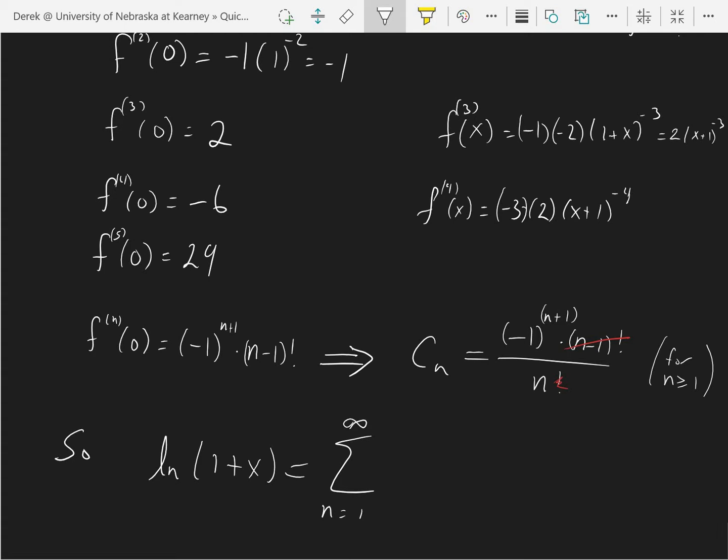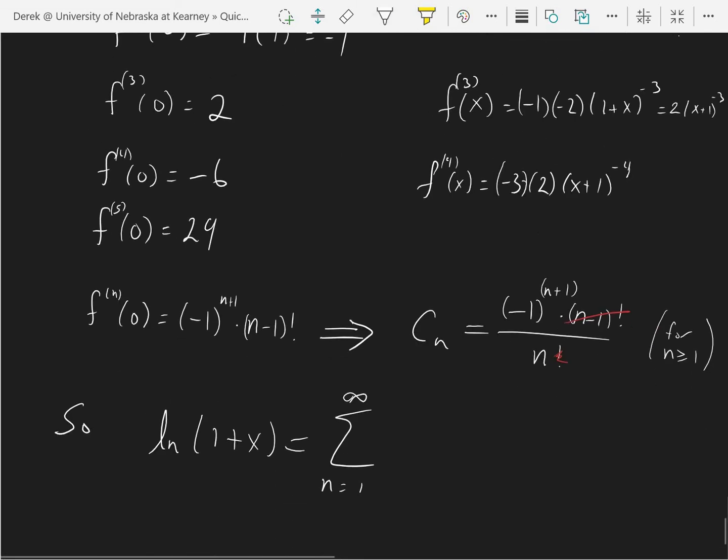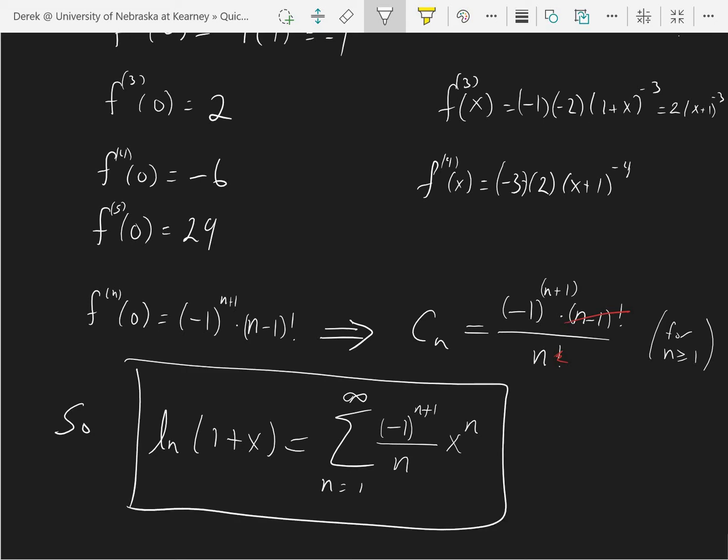The 0th term, remember, was 0 because f of 0 is 0. So I get negative 1 to the n plus 1 over n times x to the n. That might have been what we had up there after we modified things a little bit, but this is how you compute a Taylor series. There's the Taylor series for the natural log of 1 plus x.